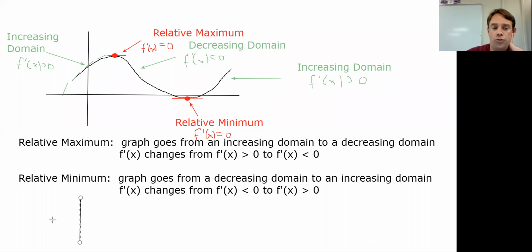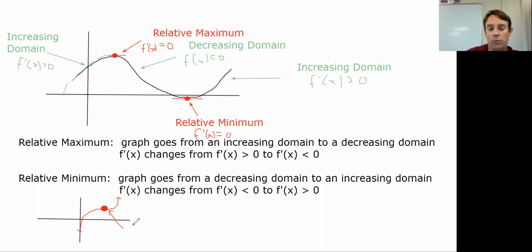So for instance, let's take a look at a point like this, just as an example. What if I had a derivative or a graph that goes here? Notice this derivative value right there.